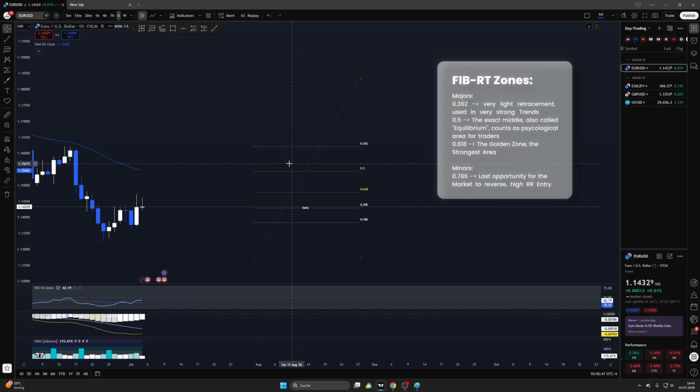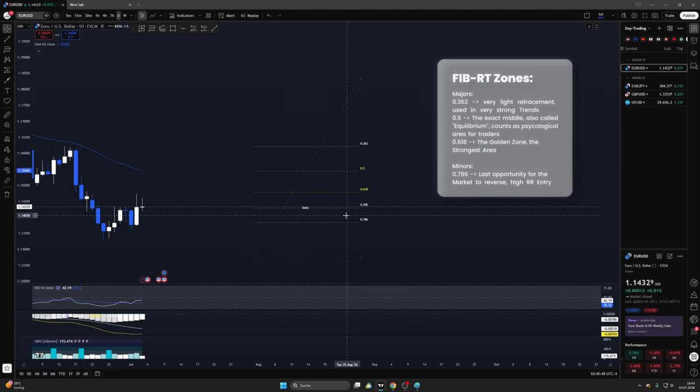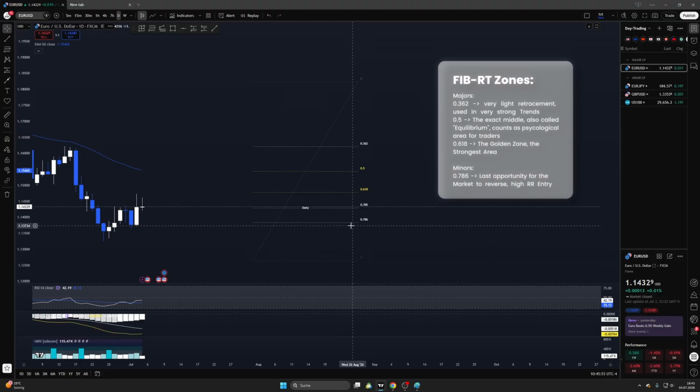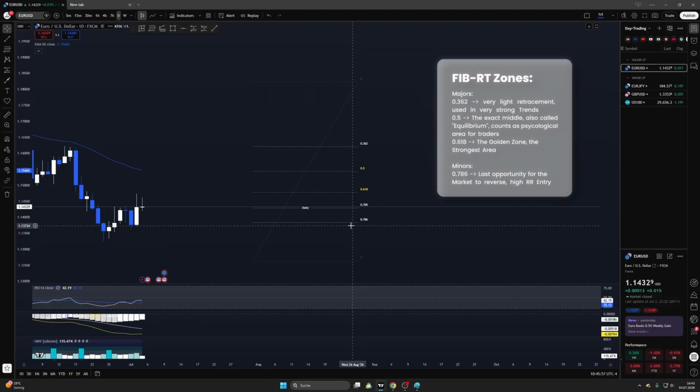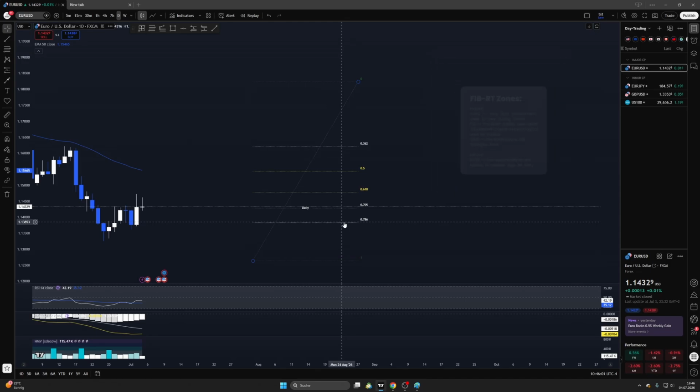But there are also minor zones. You have the 0.786 zone. This is, I would say, the last opportunity for me to get in to search for confirmation for reversals. This is a very low retracement, which is happening quite often in Forex.